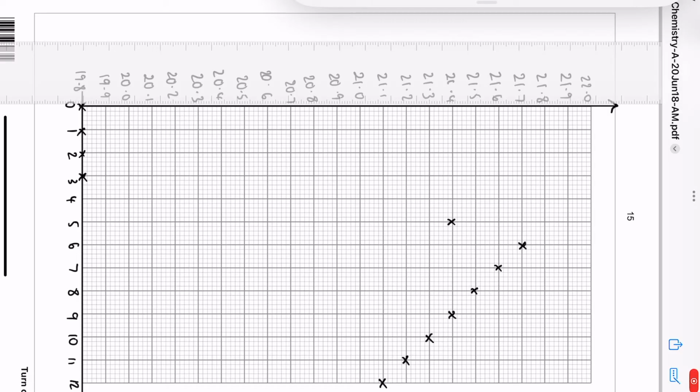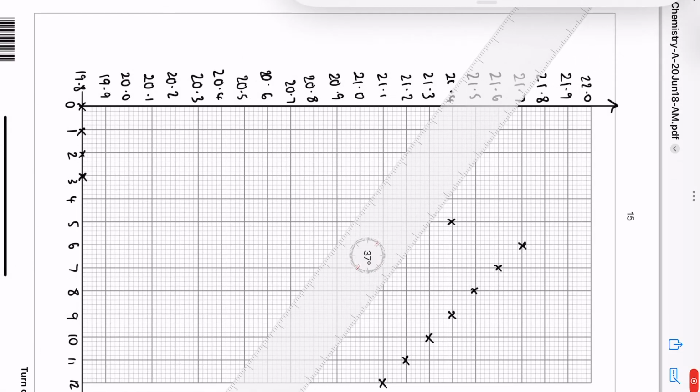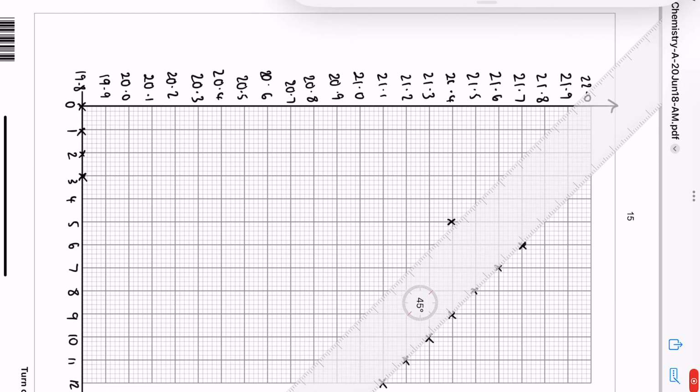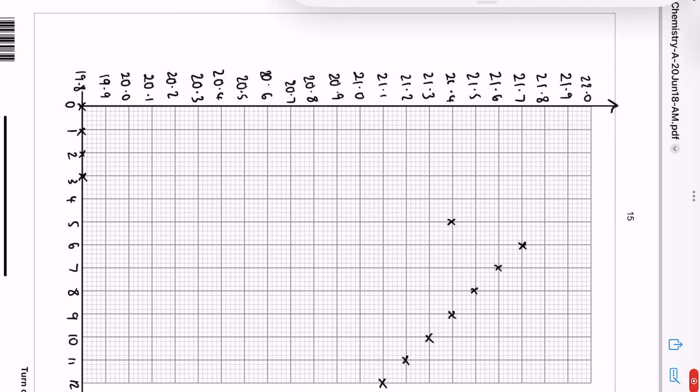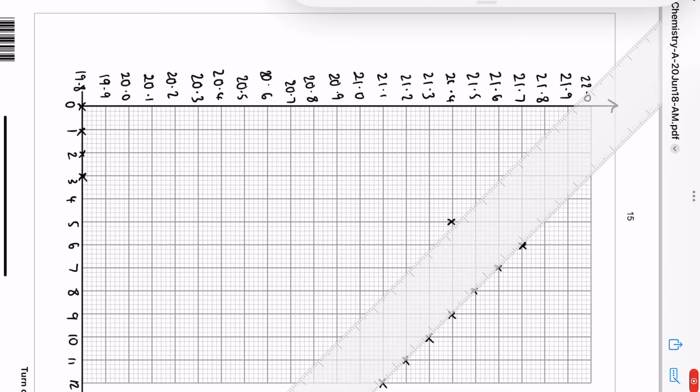So we're going to take our ruler, and we're going to extrapolate the rate of cooling back to the 4th minute. Do remember that that first point is not included because it was still warming up. So we're going to extrapolate back to the 4th minute. I'm just going to get rid of it a little bit. So about there.